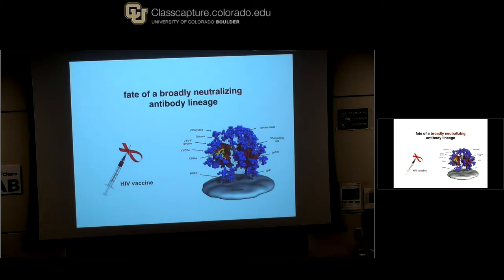That's important because if you want to get a vaccine against HIV, it's not enough to get any antibody. You need a specific type of lineage that targets the conserved region. And the question is, how likely is it to do that?